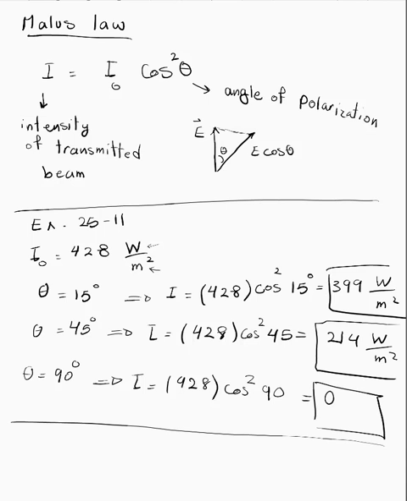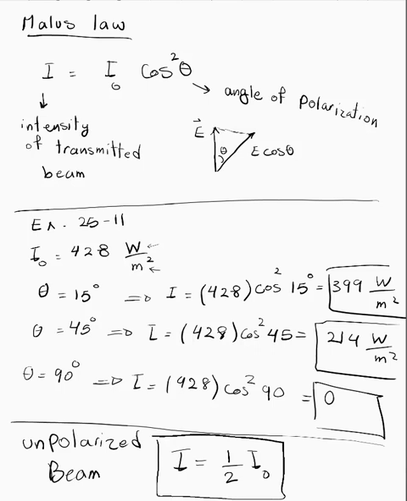But if the original beam is unpolarized, then for an unpolarized beam that passes through a polarizer, I equals half of the initial intensity. Just keep this in mind: instead of using cosine squared of theta, you just make the initial intensity half if the initial beam is unpolarized.